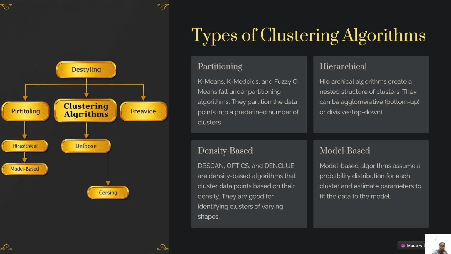Density based: DBSCAN, OPTICS, and DENCLUE are density based algorithms that cluster data points based on their density. They are good for identifying clusters of varying shapes. Model based algorithms assume a probability distribution for each cluster and estimate parameters to fit the data to the model.